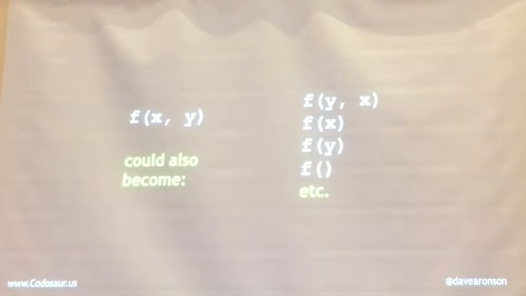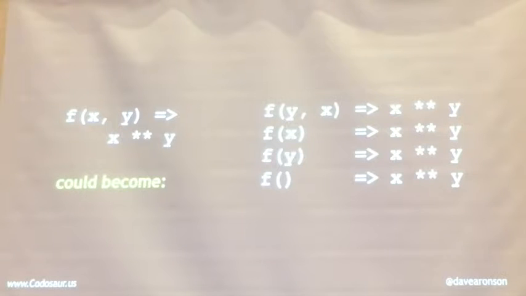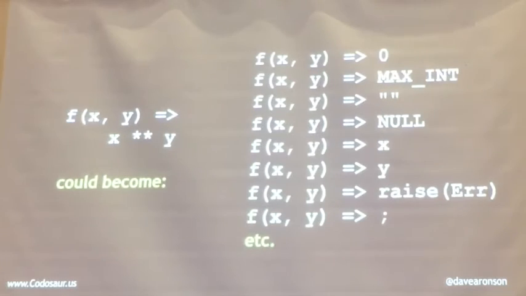It can scramble or truncate the argument lists of function calls or of function declarations. It could replace a function's entire contents with a constant, or returning either of the arguments, or deliberately raising an error, or if the language permits, replace it with nothing at all. There are many, many more, but I trust you get the general idea.